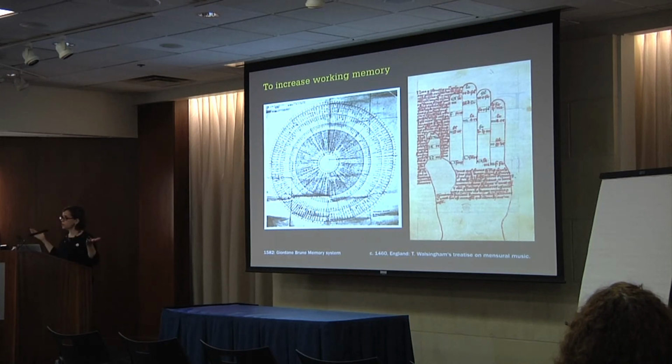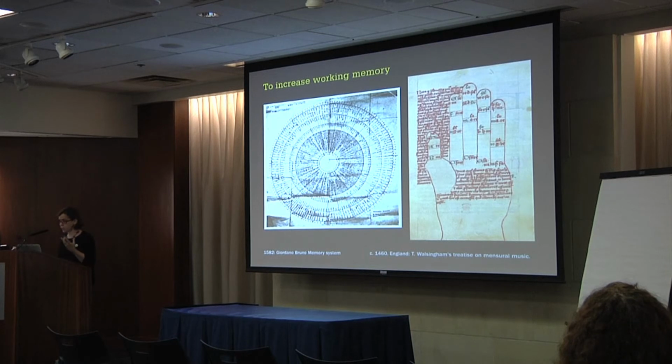We see ourselves using those informally or formally because they help us with certain cognitive principles, and one of them is increasing our working memory. Here I have two images of mnemonic devices, which are not external images as we are talking about today, but actually internal, spatial systems.